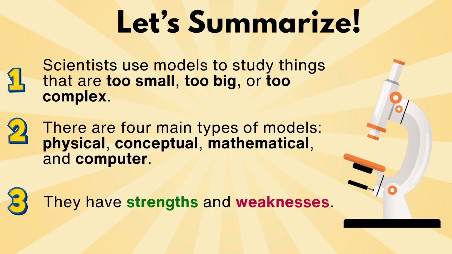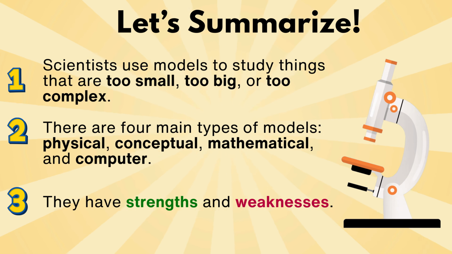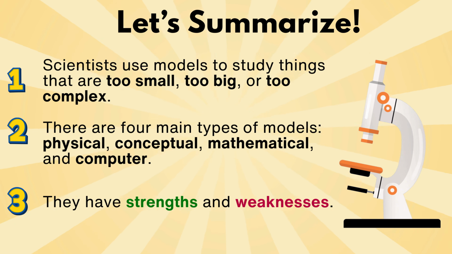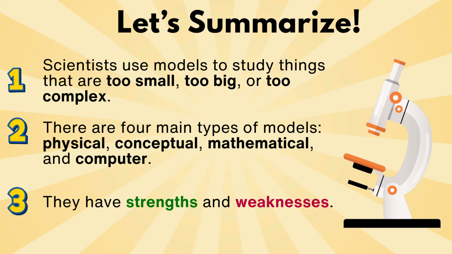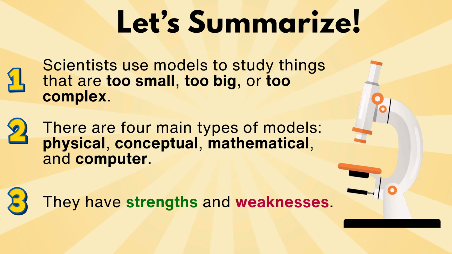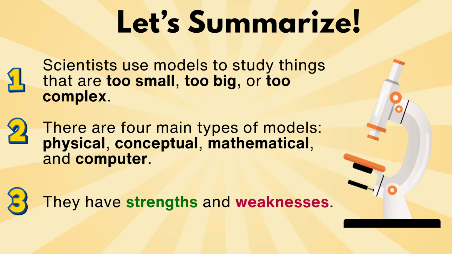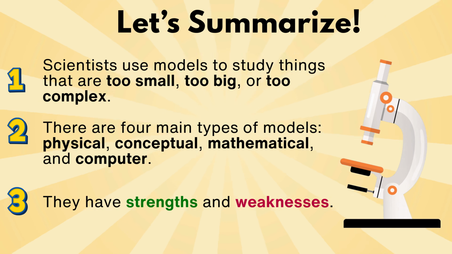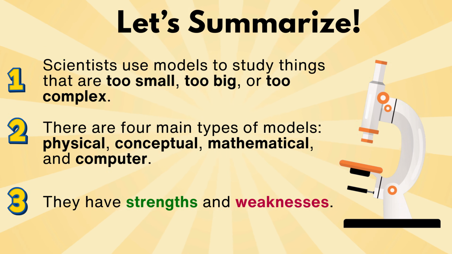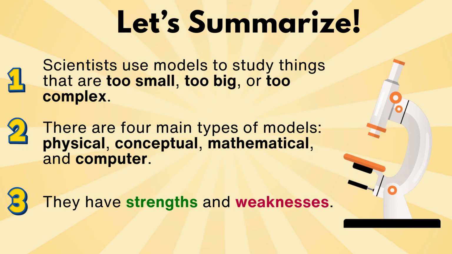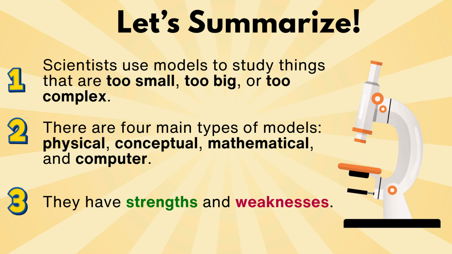Each model has strengths and weaknesses, but all of them are tools to help us make sense of the world. The big idea to remember is this: models aren't perfect copies of reality, but they help us ask better questions, test ideas, and move science forward.